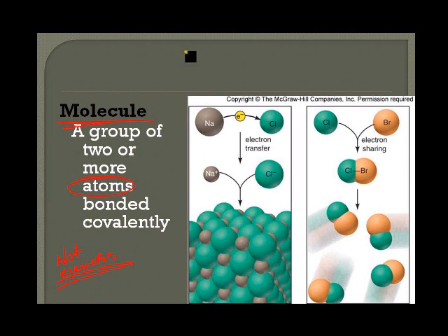That's because we can call something like O2, which would be two oxygen atoms bonded together, how oxygen normally exists in our atmosphere, a molecule, even though it's more than one atom. The fact that it's covalently bonded makes it a molecule.